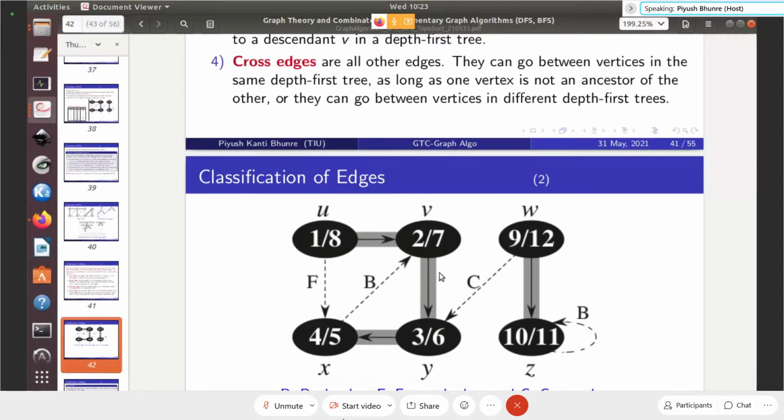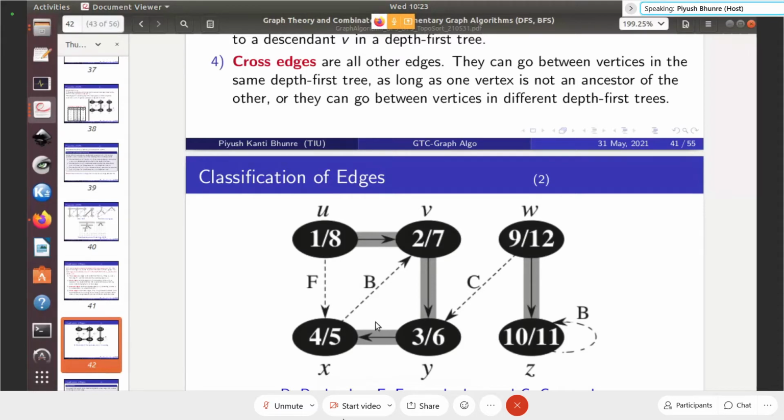Because it was discovered before x. So that's called a back edge here. And all the shaded edges are tree edges. These are all the shaded edges that form the predecessor subgraph or the depth first tree.